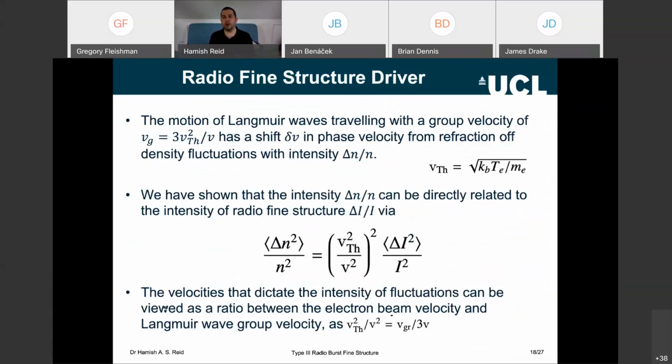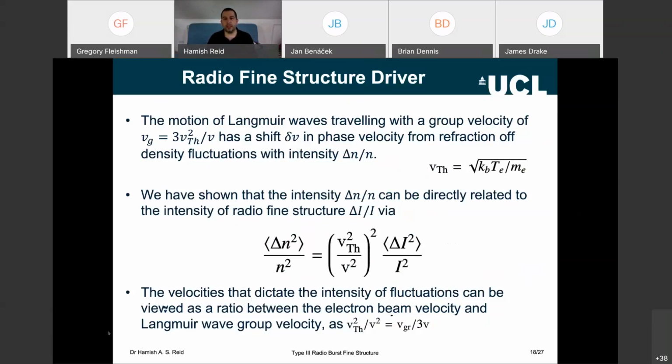And so, as we know with any waves, like for example light in the air going into water, you get a shift delta V in the phase velocity when the light refracts off of any density gradient, or in this case density fluctuations with intensity delta N over N. And it's this shift in the phase velocity of the Langmuir waves due to refraction that is actually causing the modulation.